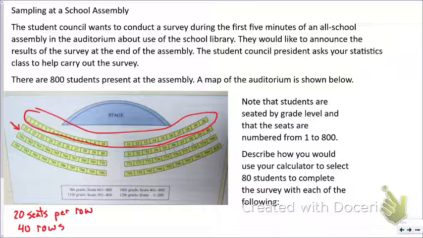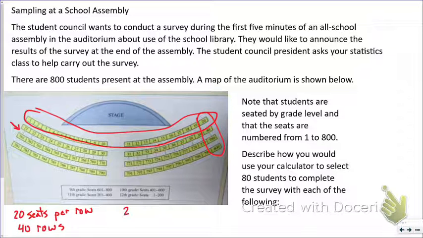So that's one thing to look at. Look at it by row. Maybe look at it by column. And you could go off, see the circled row up there? You could call those column numbers and look at these seats. That could be a whole other way you look at it.